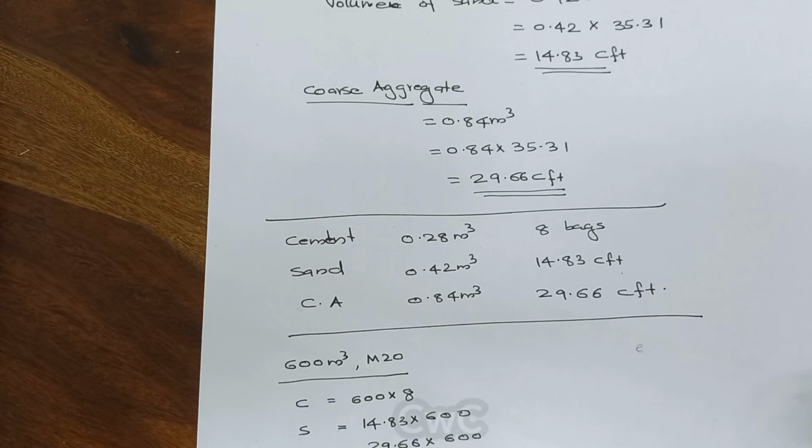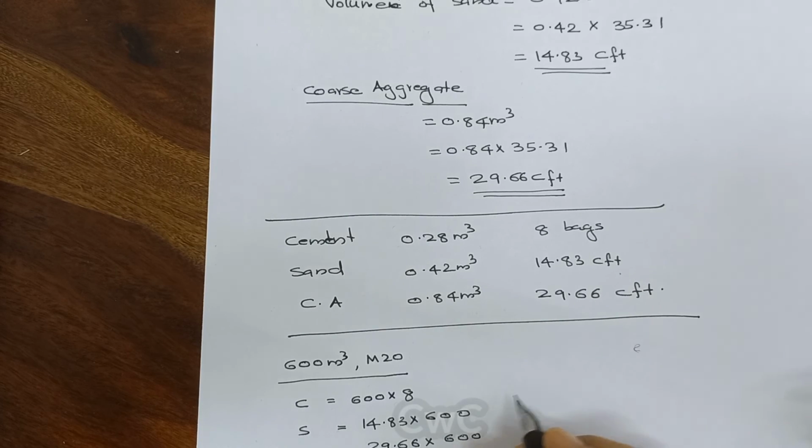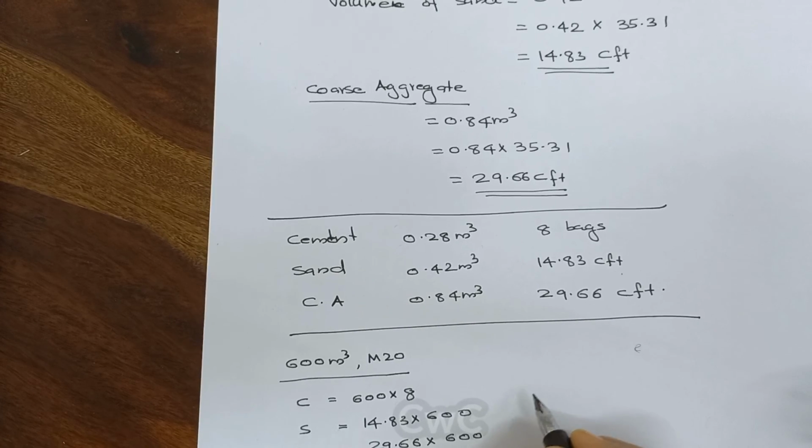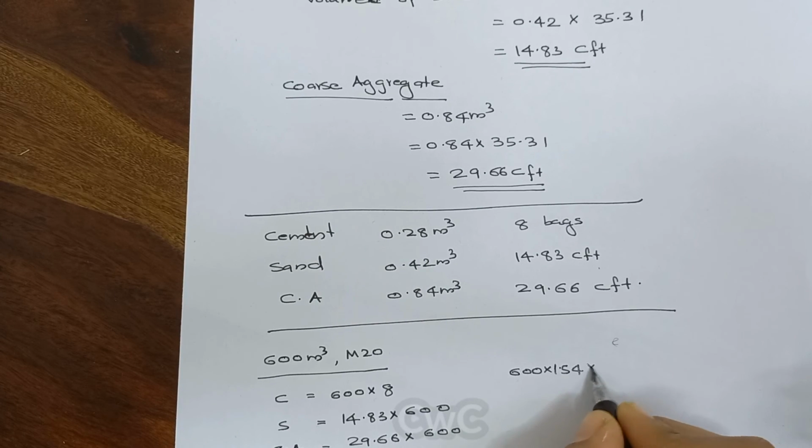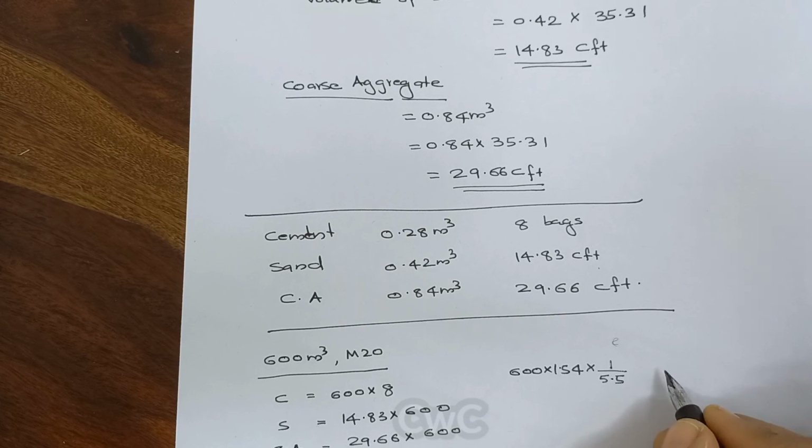Or otherwise you can do the same calculation what we have done for 1 cubic meter, replacing 1 with 600, that is for cement 600 into 1.54 will give you the dry volume. So in that 1 part of cement divided by 5.5 parts of concrete, that will give you the volume of cement.